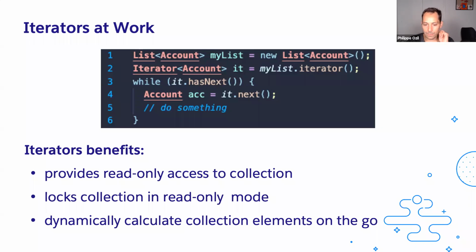Finally, something also very valuable, and which is, I think, specific to the way iterators work: the collection size can be calculated dynamically when working with iterators. Of course, you can create your own iterable resources. It's not always a list or a set. You can also create your own objects.